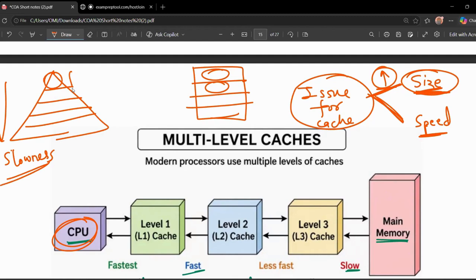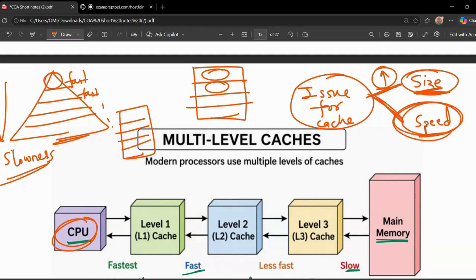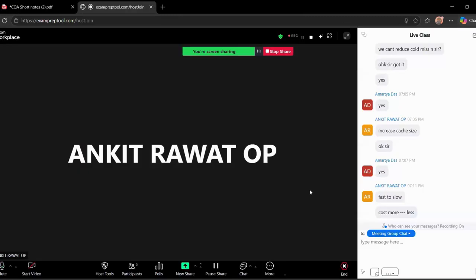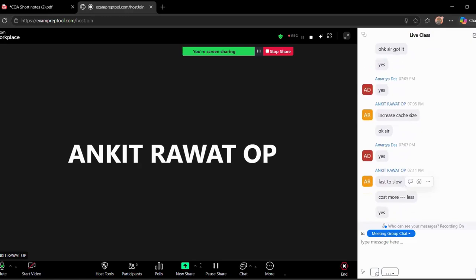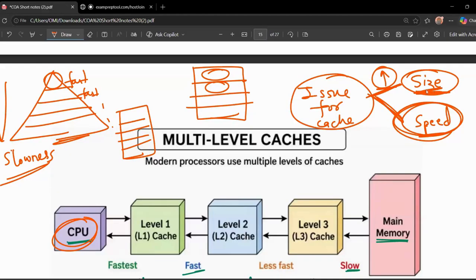Here it is faster, and here you will get the slow. So if you increase the size also, you won't get that much good speed. Yes or no? So we have to balance two things: size also, and speed also.